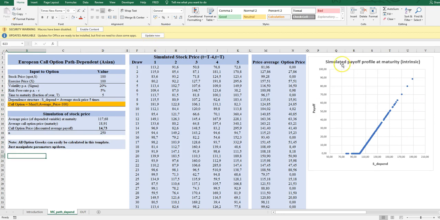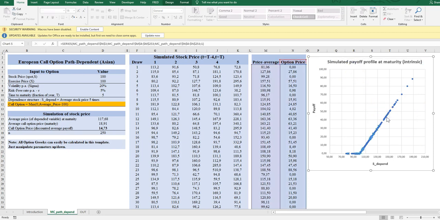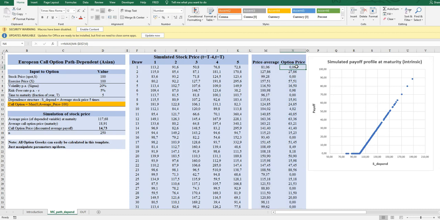And over here, just lastly, you see the simulated payoff profile at maturity. And remember always, it's called an intrinsic value at maturity. There are no parameters in the formula at this point.